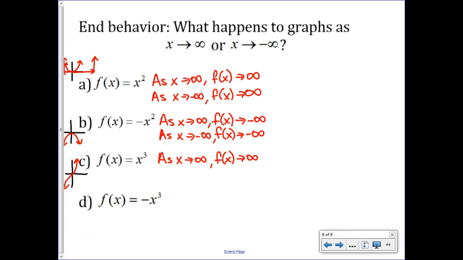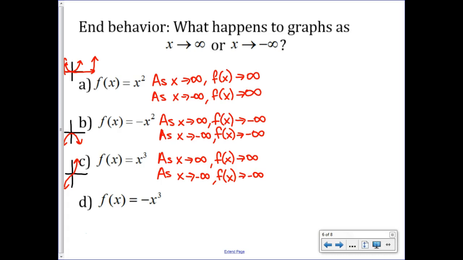It's going all the way up. As x approaches negative infinity, if I look at the left side of the graph, it's going down. So f of x approaches negative infinity.